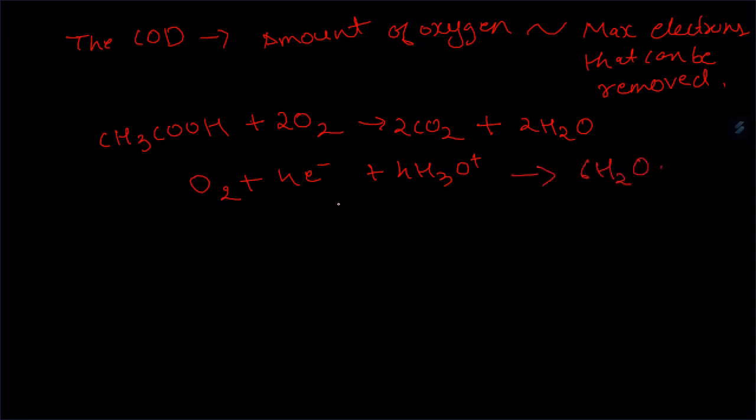This is the half reaction for oxygen, which implies that 1 mole of oxygen can remove 4 moles of electrons. So in order to oxidize CH3COOH, you require 2 moles of oxygen, which implies 8 moles of electrons are required to be removed from the substrate, which is acetic acid here. This is just for your better understanding.